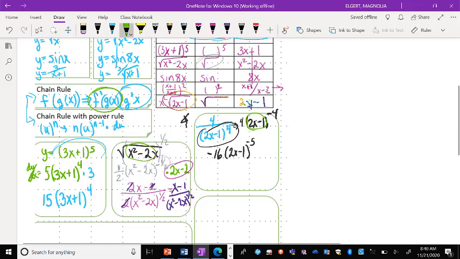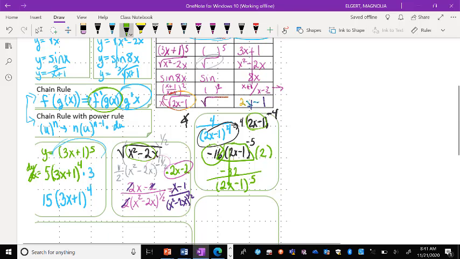So the derivative of that inside would be just 2. And now I'm going to simplify. This whole thing is the base with a negative power, so it's going to go in the denominator. I'm going to take this negative 16 times 2, so I get negative 32 over 2x minus 1 to the 5th.